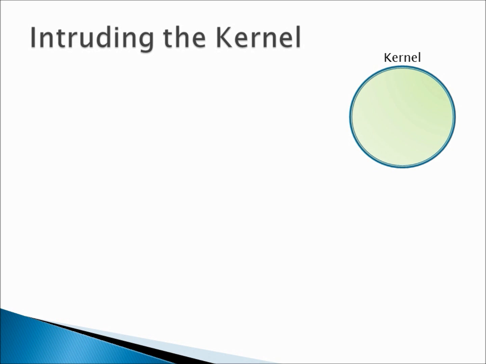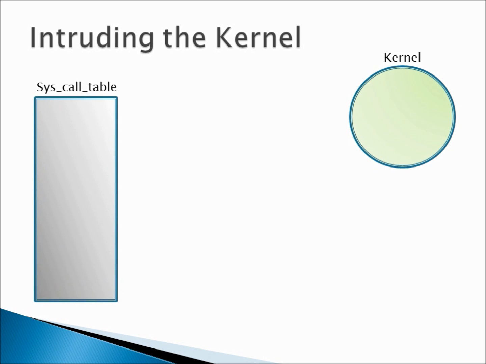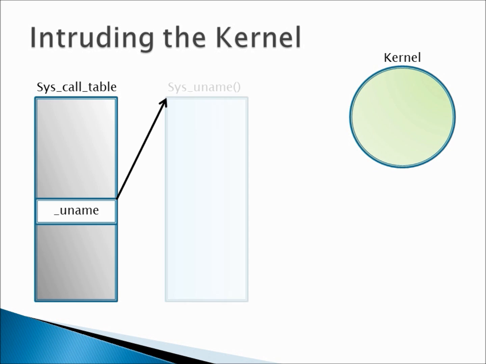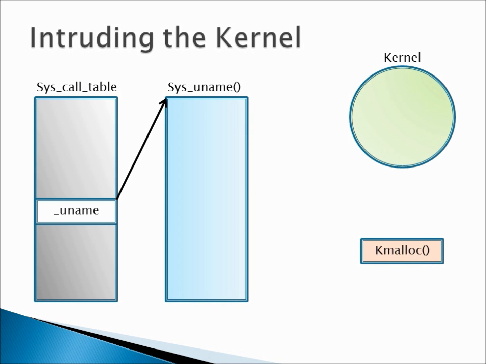Intrude in the kernel. Through IDT, attacker gets the reference to syscall table which has pointers to system call functions. Then one of the system call functions, say sysunion for example, is modified to incorporate the kmalloc function.